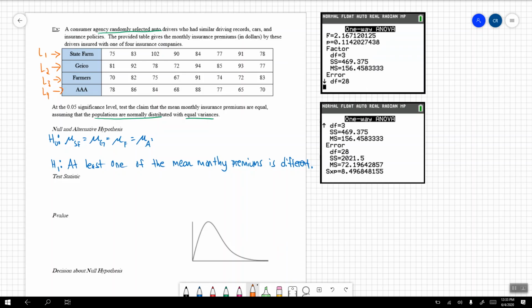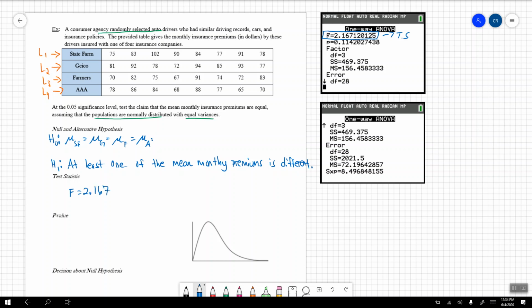As you're going to notice, we want to find a test statistic, but typically the test statistic helps us find the p-value. Now, to find that test statistic, we actually already have it. That test statistic is given to us right in here. That's your test statistic. So for us, the test statistic here is just 2.167.